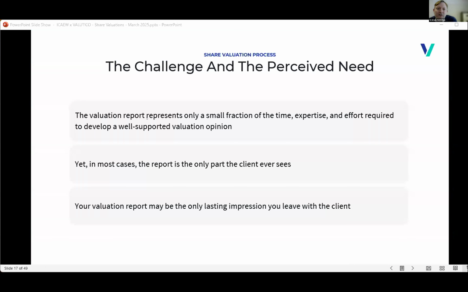However, despite the time and expertise that go into the process, our clients often only see the final valuation report. They don't see what goes into the process. And so our clients don't fully appreciate the depth of work behind our reports. This makes the report more than just a document. It's often the lasting impression that you're going to leave with your clients. So a clear, well-structured and well-reasoned valuation report will not only support your conclusions, but it's also going to reinforce trust and credibility in your work.